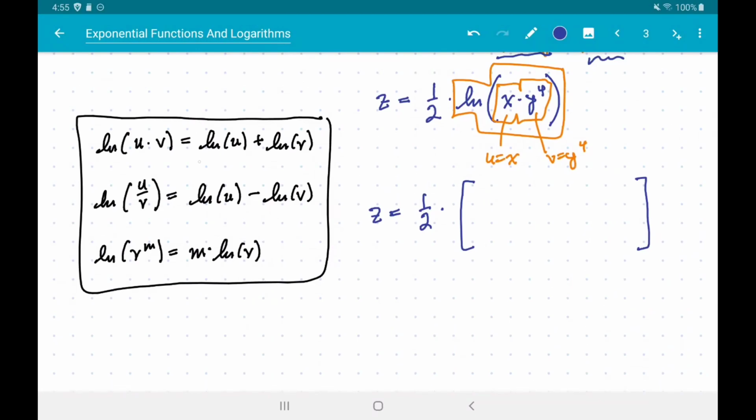I need to use that equation. I'll write ln of u, so ln of x, plus ln of, and v is y to the fourth.